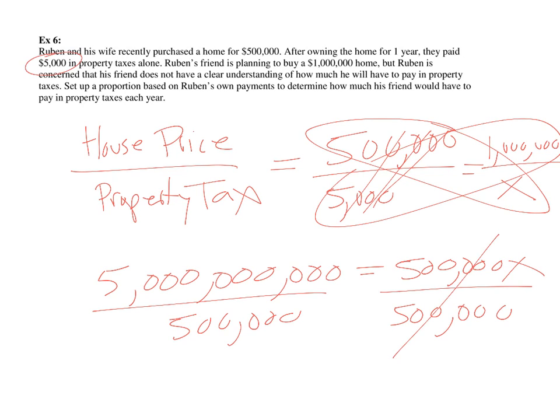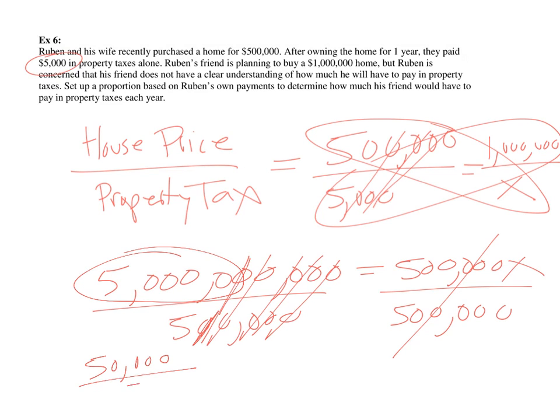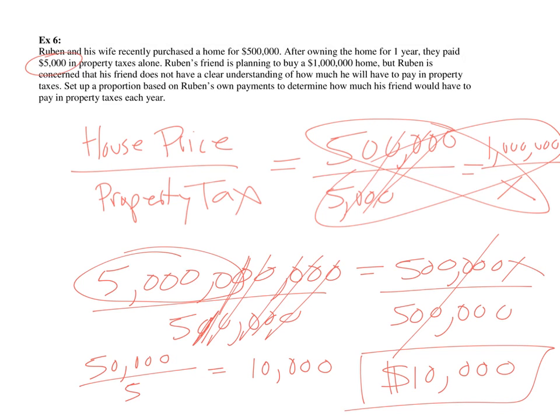Now I will cancel out the zeros. So what am I left with? How many times does 5 go into 50,000? That's what I'm trying to figure out. It goes in there 10,000 times. So that's how much his friend will be paying in property taxes based on the proportion we set up. Done. That's all there is to it.